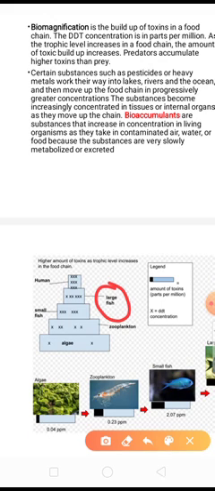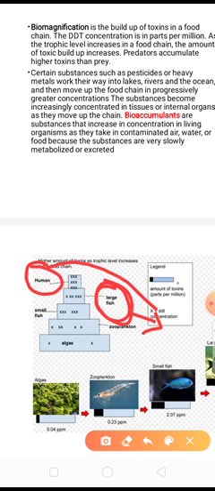And if we consume that large fish which has DDT concentration, then in humans also the DDT enters. So it's not only the aquatic organisms that are harmed, humans may also be harmed by this biomagnification process.